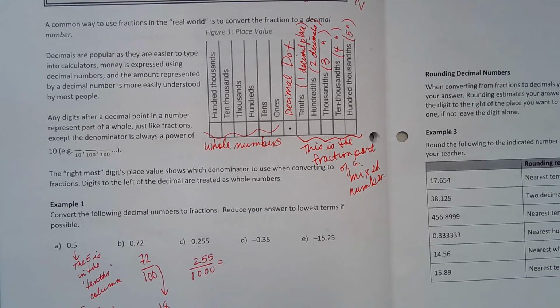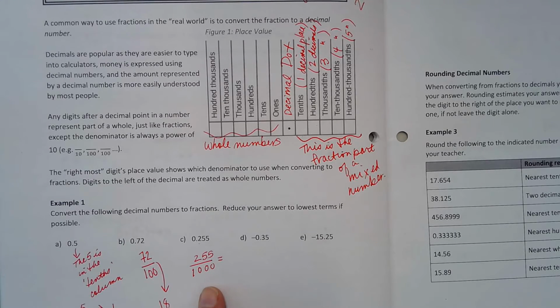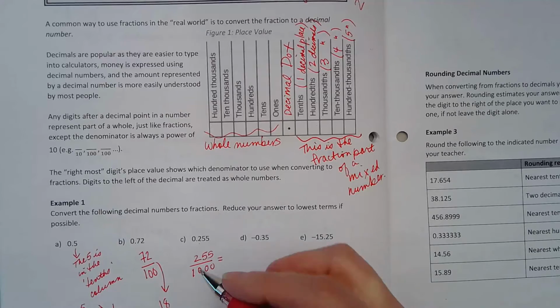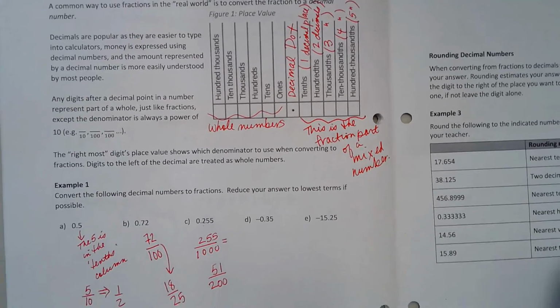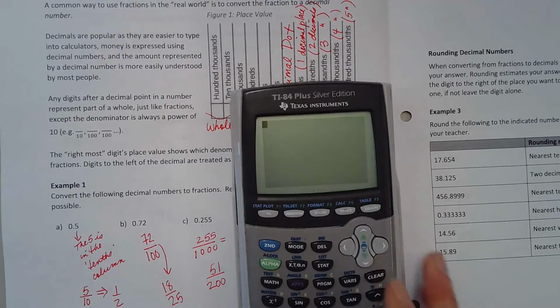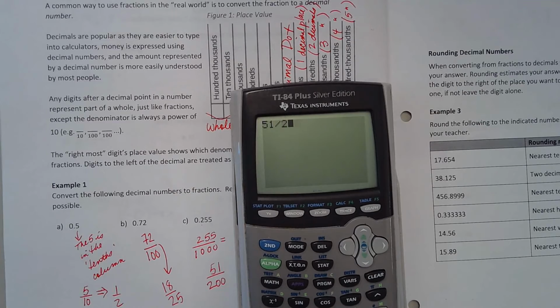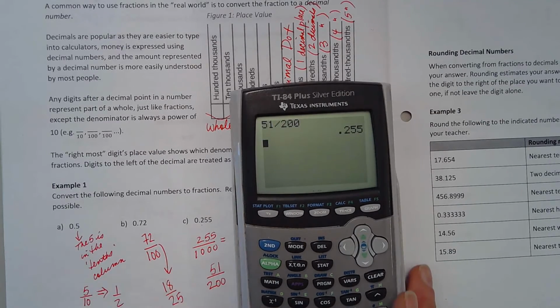Anyone want to be brave? Okay, so I have 255 over 1,000. I think it could be reduced a little bit. 51 over 200. Okay, Cliff says 51 over 200. Anyone agree? Yeah. Okay, let's see. 51 out of 200. Yeah, 0.255.